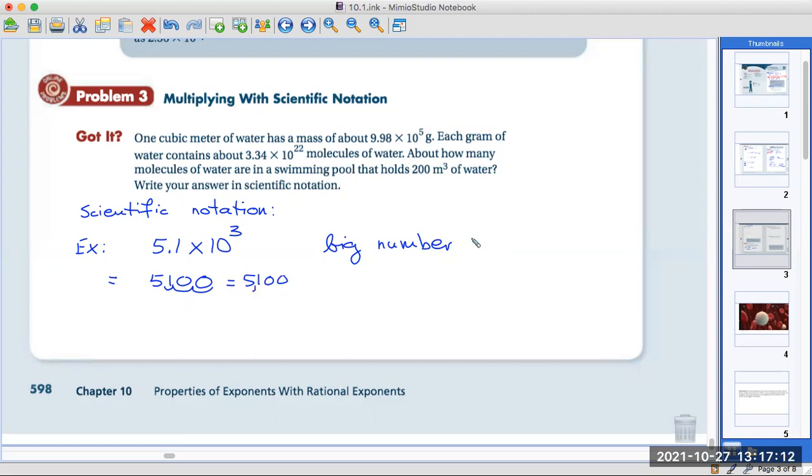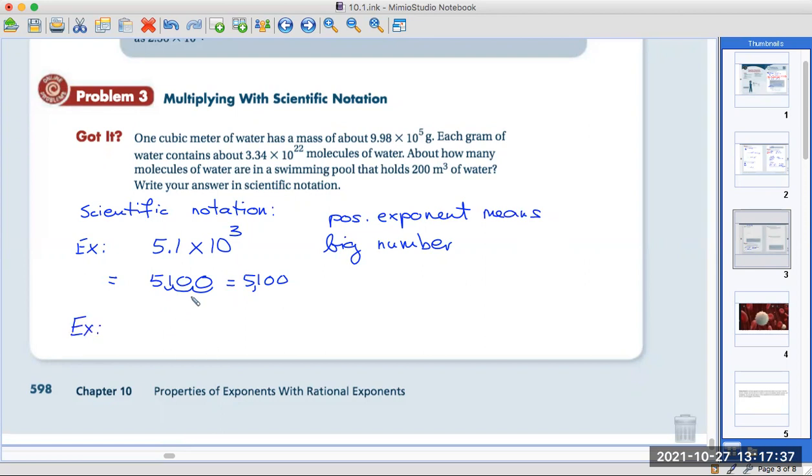Okay, so I should say positive exponent means big number. But if you have a negative exponent, it means a small number.